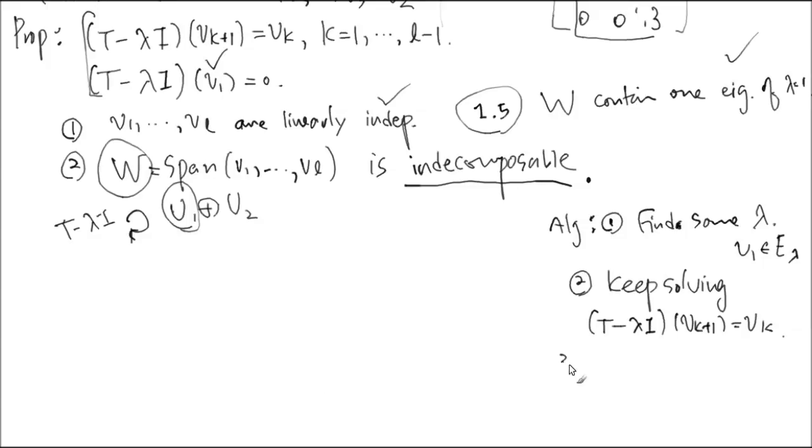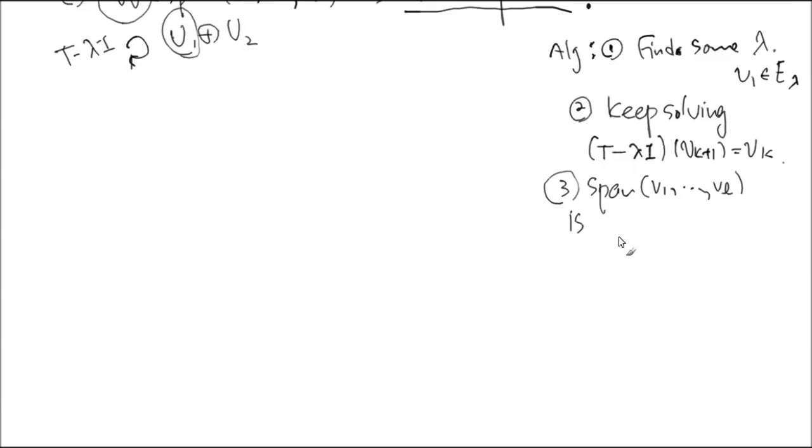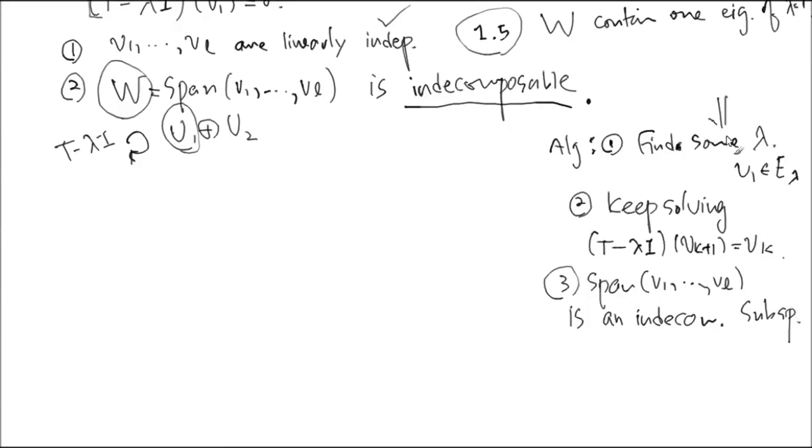Right? And the span of v1 through vL is what kind of subspace? An indecomposable subspace. Okay? That's how you go and find one indecomposable subspace, which relies on the existence of what? One eigenvector. All right?